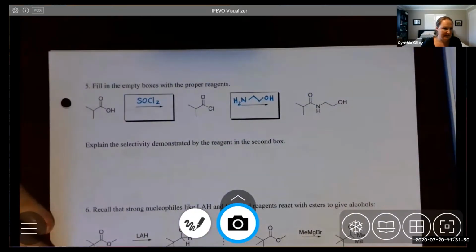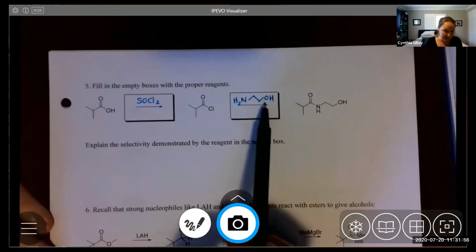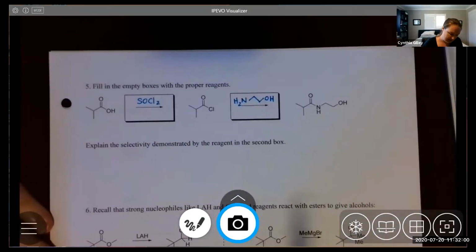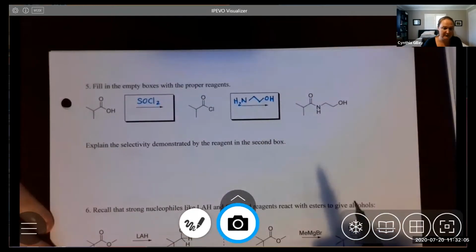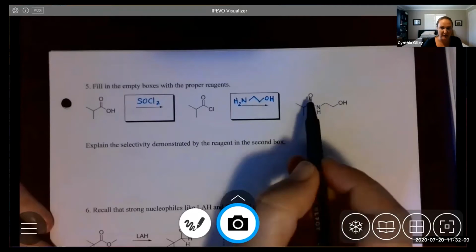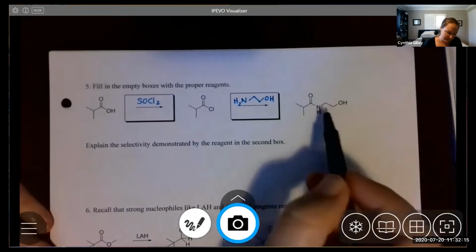Okay, and then the selectivity demonstrated by the reagent. The nucleophile could have been the alcohol or the amine, right? And notice that the amine was the nucleophile. Not only is it more nucleophilic, but the product is more stable. Amides are more stable than esters. So we're forming the more stable product here, right?